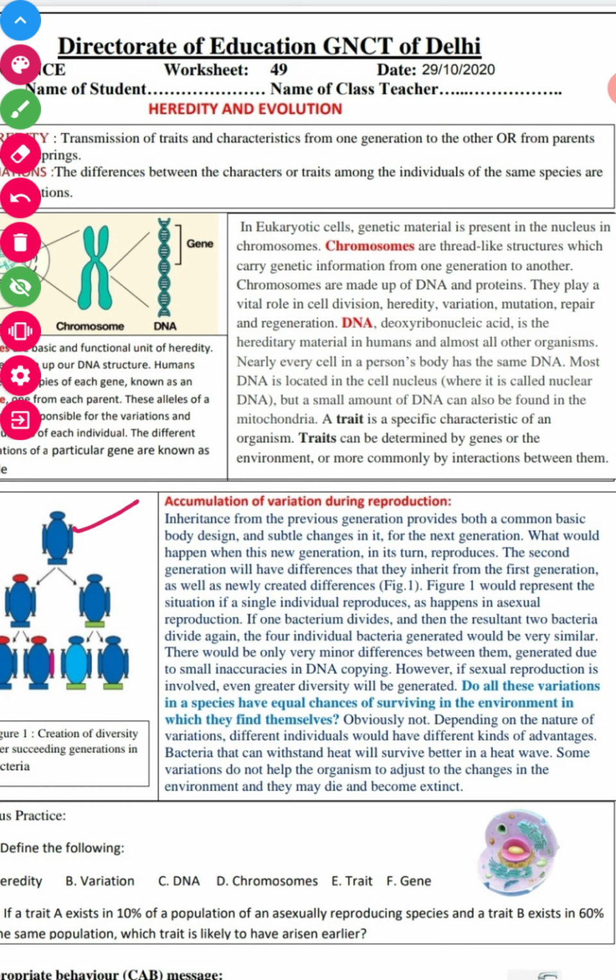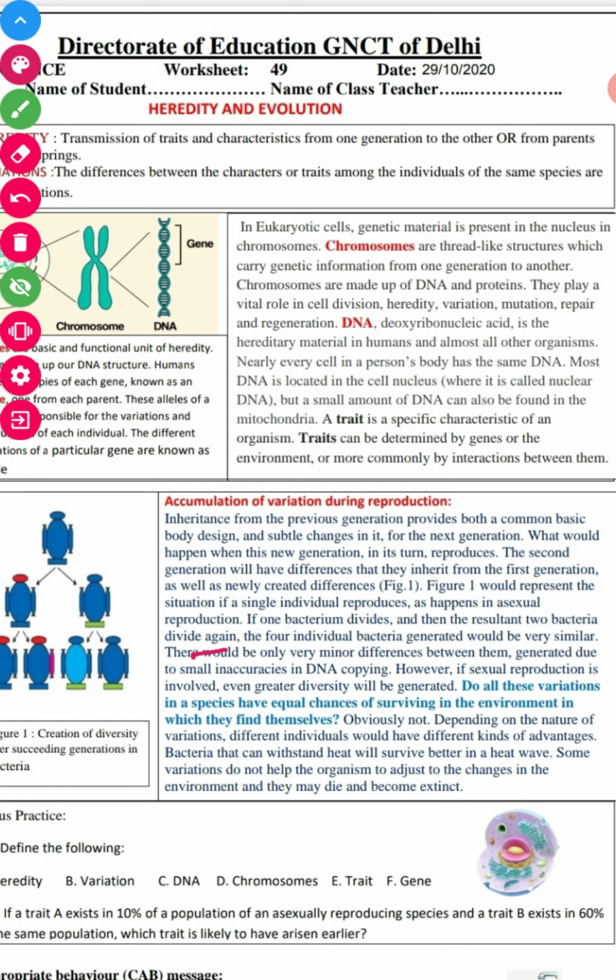This single individual forms two new individuals, right? A single individual reproduces in a single asexual reproduction. If we take the example of bacteria, if one bacterium divides, then it results in two bacteria, right?